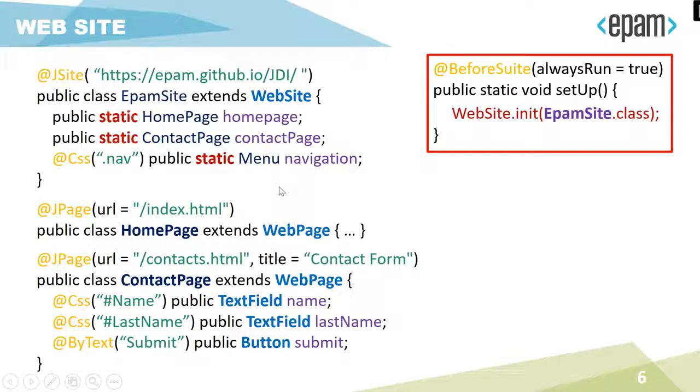And one of the good benefits of UI objects is that we can initialize all this stuff, all pages, all elements, and so on, with just one call of the init method from the site. We can do it one time, and all pages are initialized.